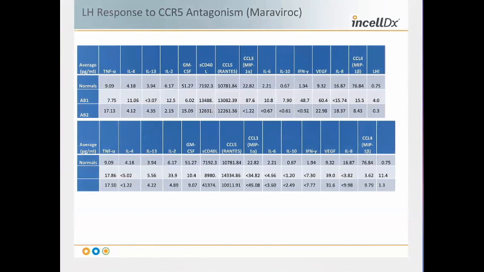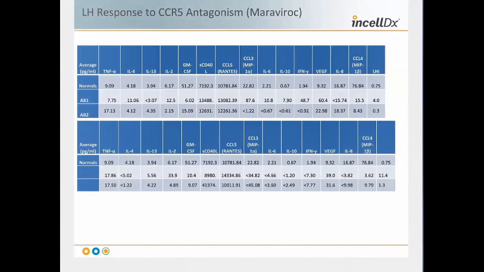What we also found is that there is a cell type, which I will show you, but this is actually the profile of several long haulers that we've treated with the CCR5 antagonist Maraviroc. Now, Maraviroc has a number of different activities that I believe are important to the treatment of long haulers.